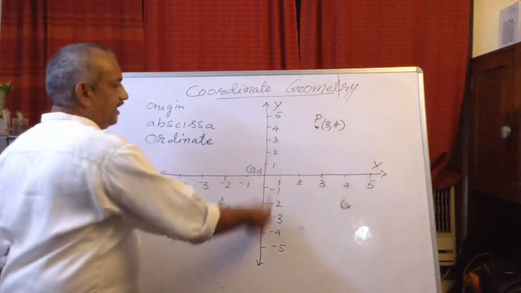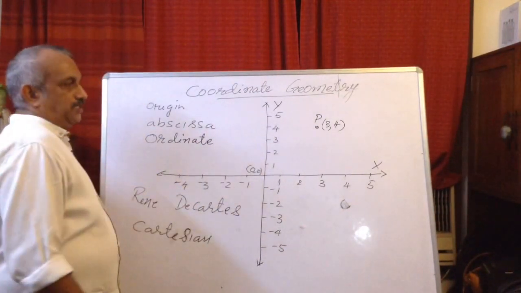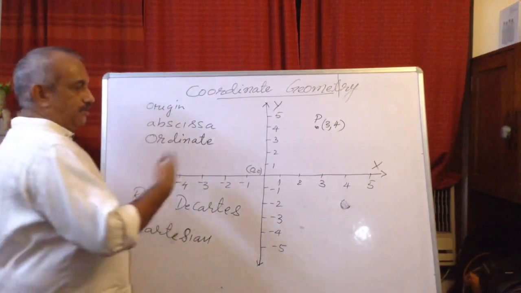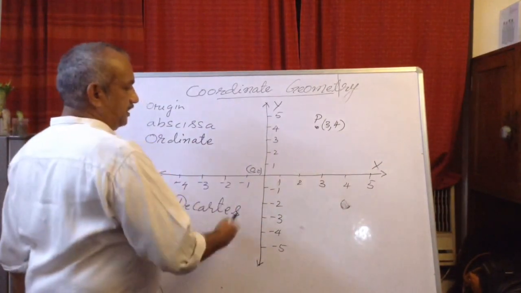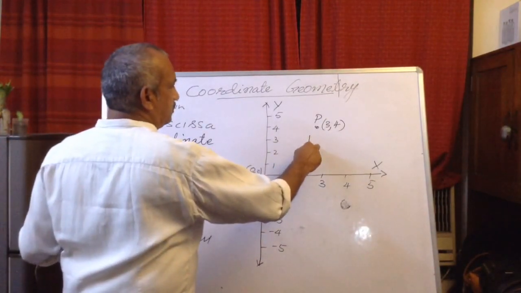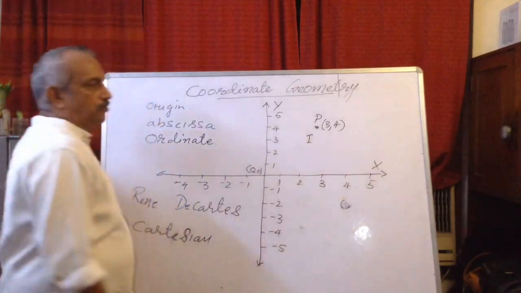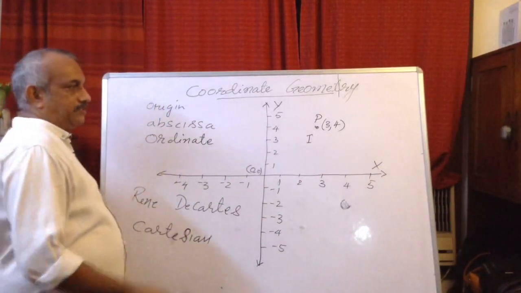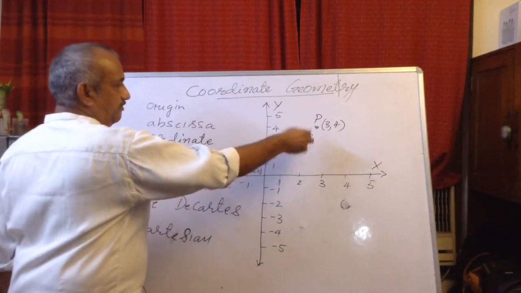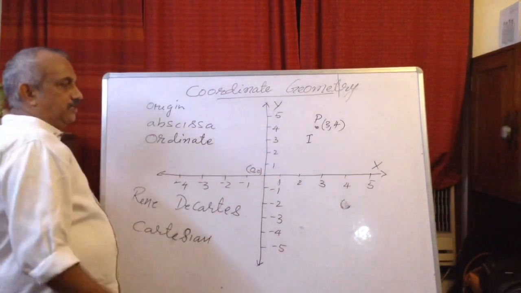So it is dividing the plane into 4 parts, and each one is called a quadrant, and they are numbered. You cannot just say this is first, this is second, third. There is an order. We will start from here. This is the first quadrant. Then we go in the anti-clockwise direction. A clock goes like this, but from here we go anti-clockwise.